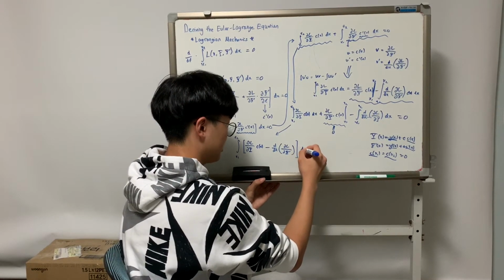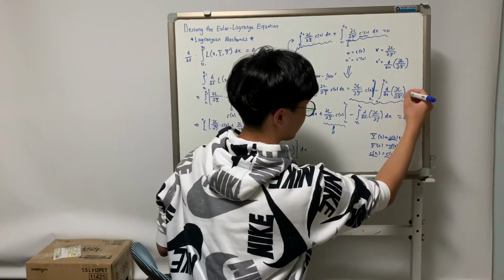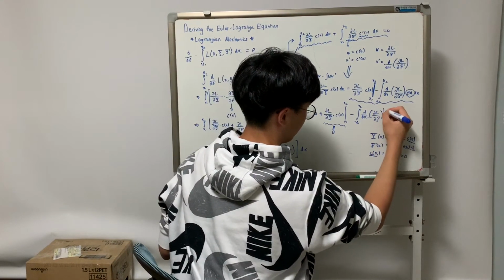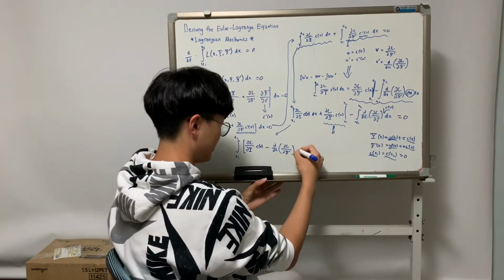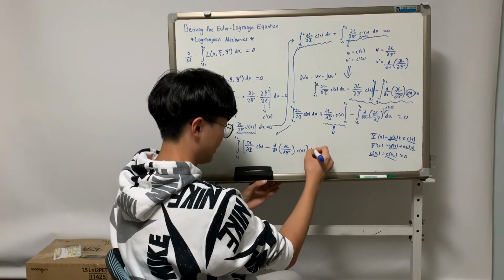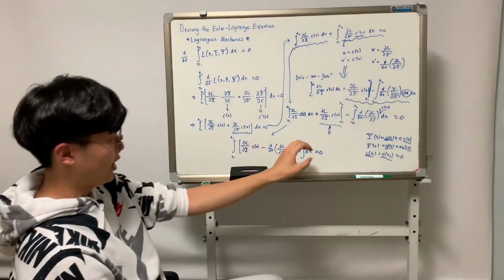Oh wait, there's a c of x here, right? I'm missing a c of x here, so it's going to be a c of x here too, dx, and that is going to be equal to 0. Alright, that's what we have for now.